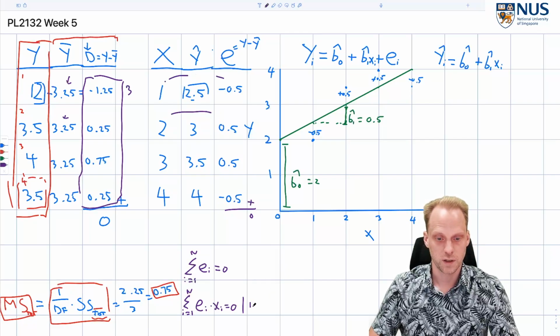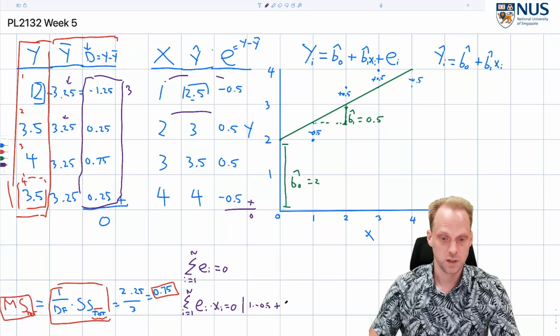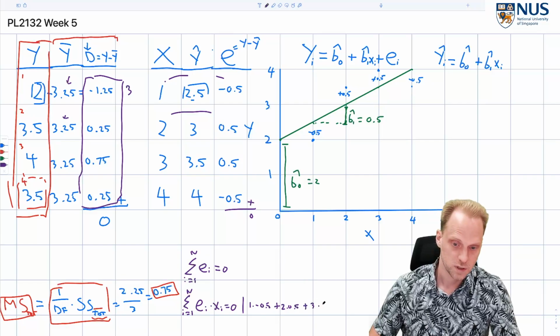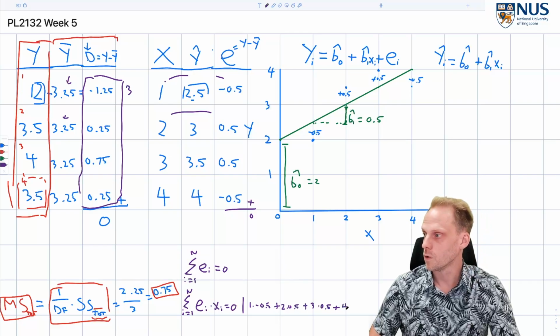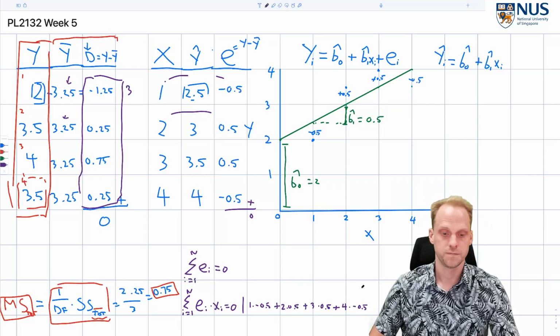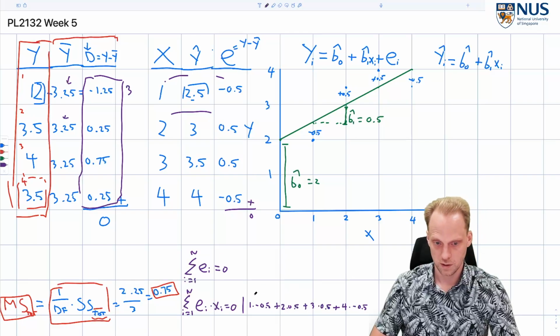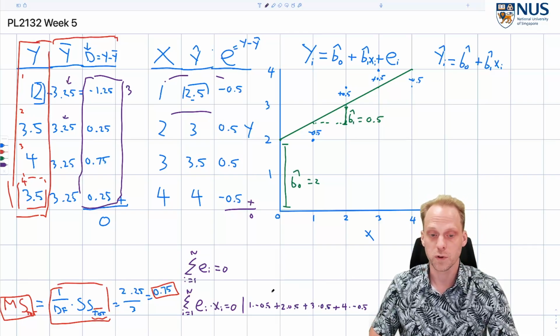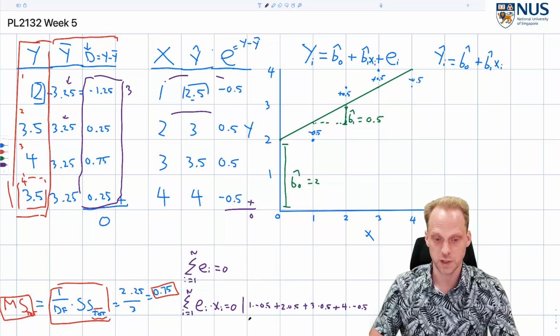So 1 times minus 0.5 plus 2 times 0.5 plus 3 times 0.5 plus 4 times minus 0.5. Okay, so basically we have minus 0.5 and plus 0.5 in this case, so that becomes a bit easier.